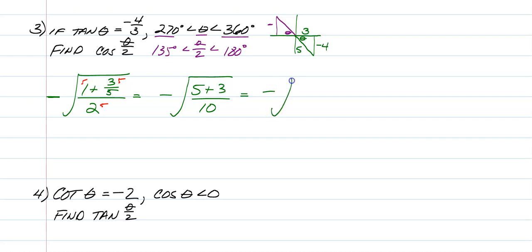So that's a negative square root of 4 over 5, and yes, that could be simplified to -2 over the square root of 5. And that one is actually very easy to rationalize your denominator. You can just turn that into -2 root 5 over 5. But since I haven't been making you do it for any of the other examples, in this one we can just leave it ugly just like that.